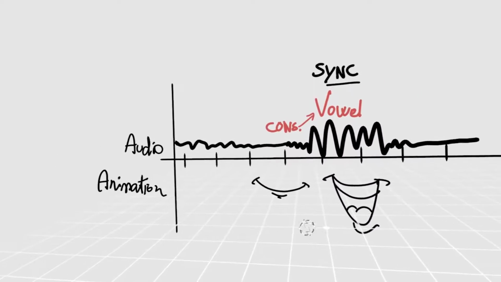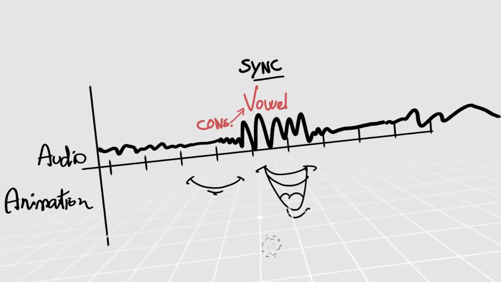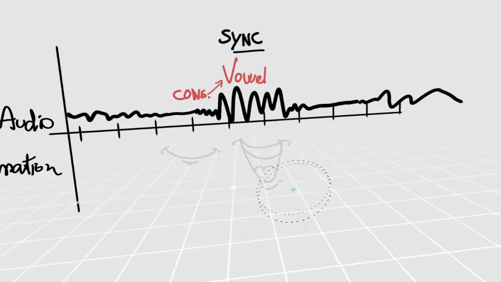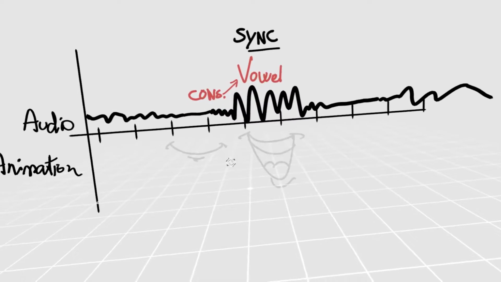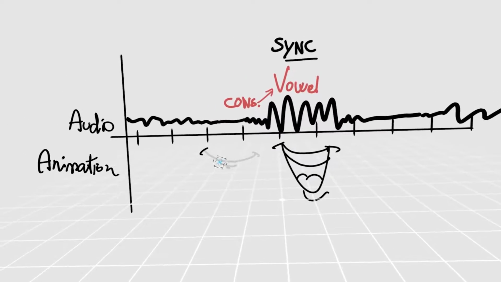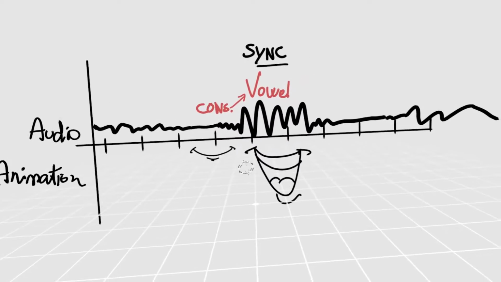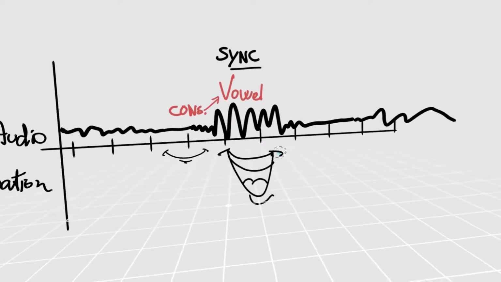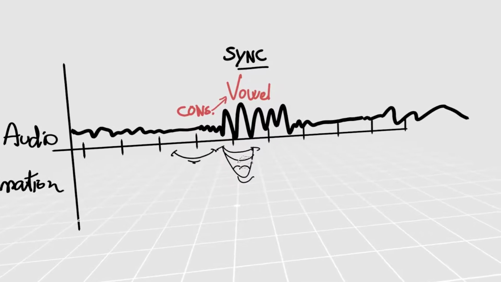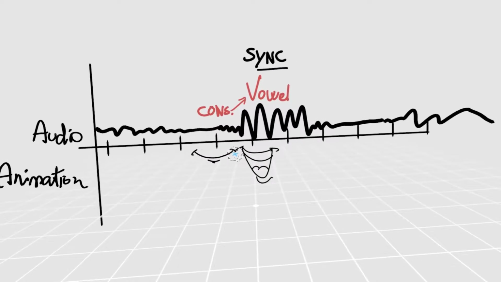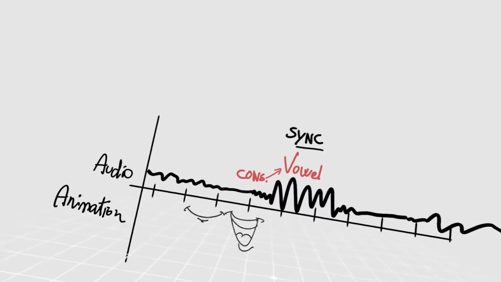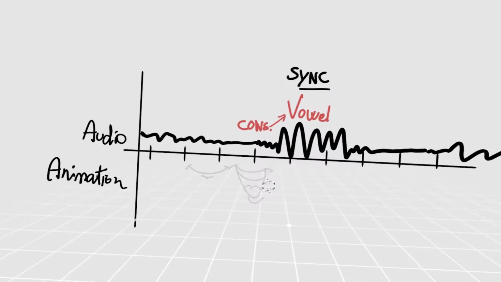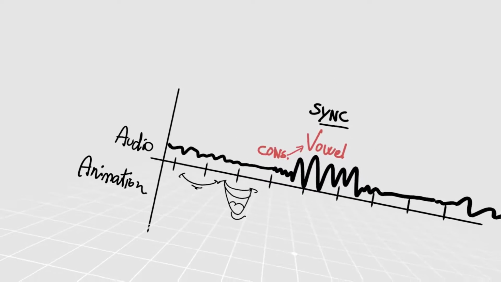But there is a general rule that when you play back your animation, you don't want to match it exactly on the frame. Let's say this frame is the consonant and this frame is the vowel, the mouth open. Normally what we do in animation is make this a little bit early, at least for a frame or maybe sometimes two frames.